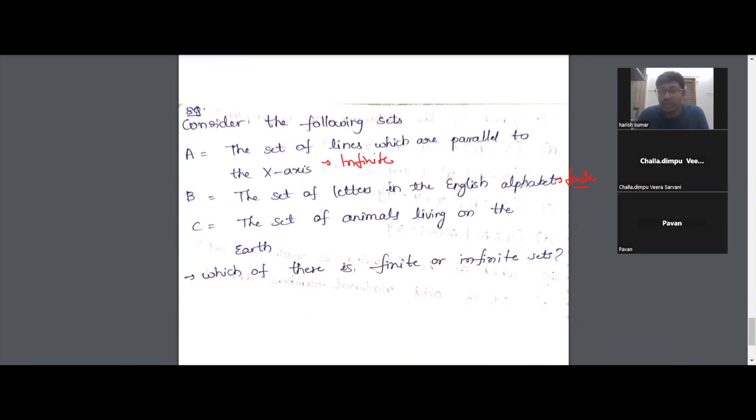It is not like stars, which you can't count. This is a fixed number. You can definitely count them. We may not have the ability or the equipment to count them, but still they are countable. If I fix this moment in time, all the animals on earth at this time are fixed, and I can count them. So this is a finite set.